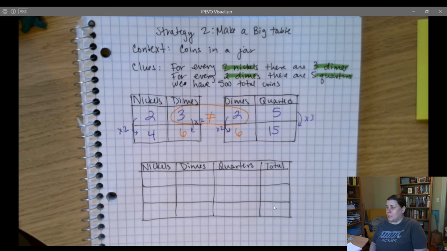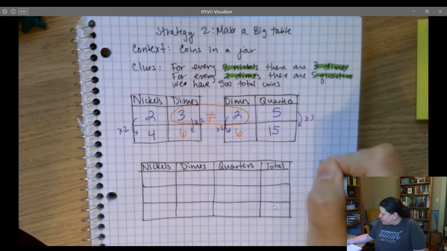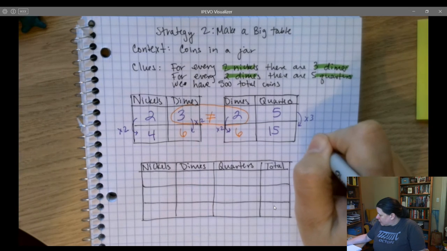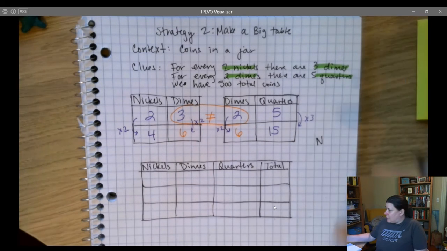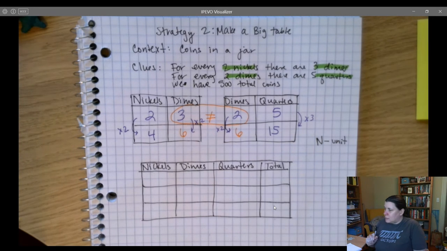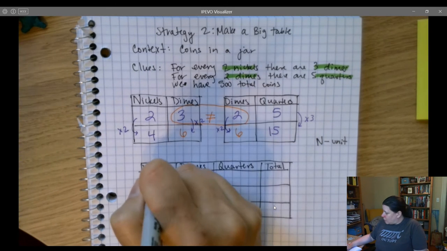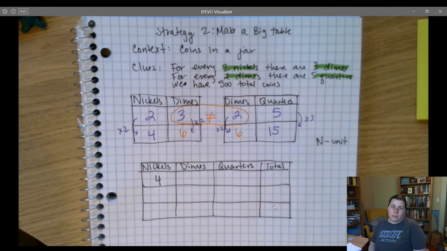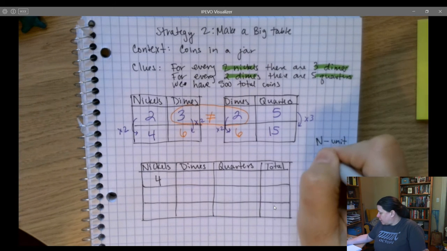The other reason is because it prevents a misconception from developing. And the misconception is this: if they use the letter N, in this case, they would be using it as a unit. So 4N is 4 nickels. But when we go to algebra, it's a variable.